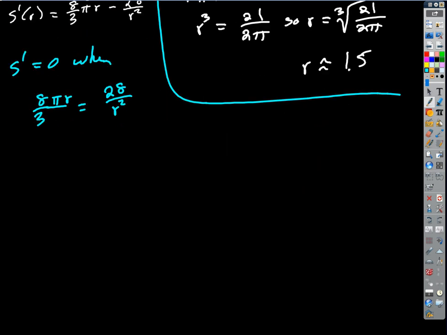I could divide each side by 4, and make that a 2 and that a 7. Makes it a little easier. And if I cross multiply, I'm going to get 2 pi r cubed equals 21.